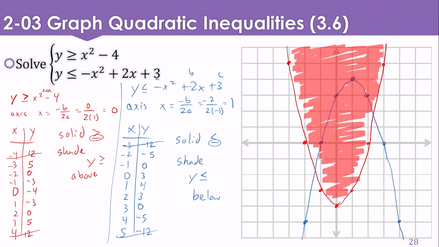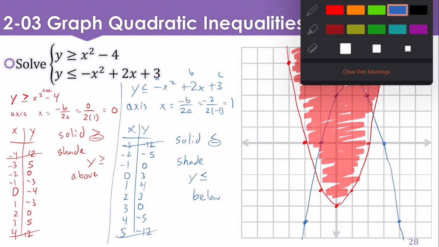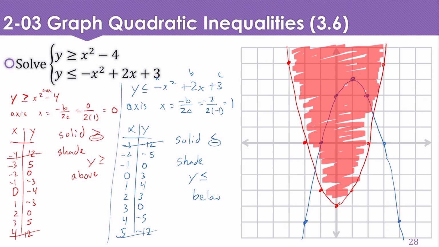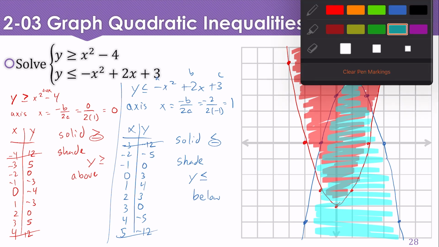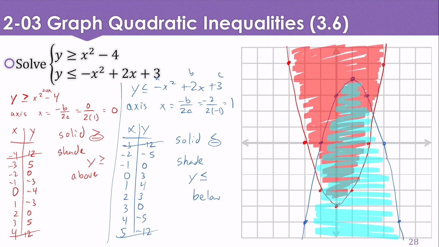Let's grab a highlighter to do my shading. Shading below the line. It's down there. And so our solution, let's grab a different color highlighter, is everywhere where it overlaps.